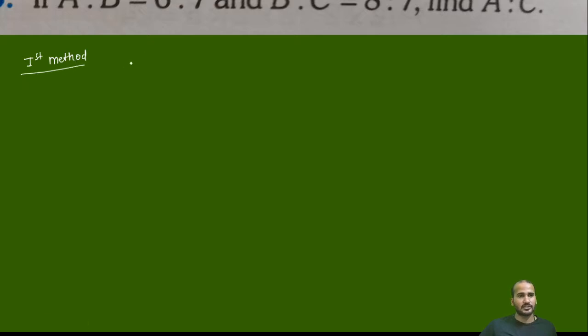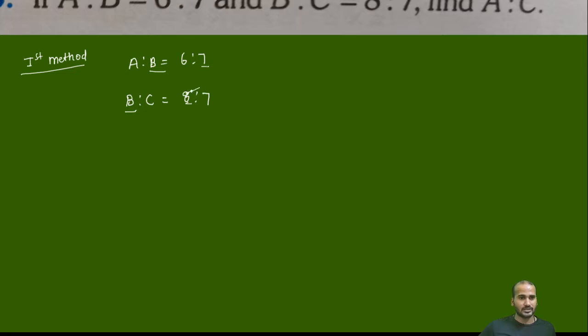First method: just look at the value of A is to B is 6 ratio 7 and the value of B is to C is equal to 8 ratio 7. Just look at what the value of B is here. B is 7 on this side and 8 on this side. Just take the LCM.